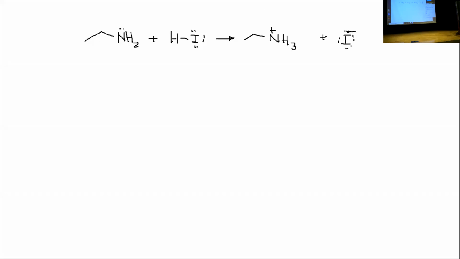So nothing surprising there. Or to give another example, let's say that we took aniline, which is again a significantly weaker base, but not so weak that it won't react with HCl. HCl is one of the strongest acids that there is. So there's our aniline. Let's react that with HCl. You can see how it works to figure out the product.